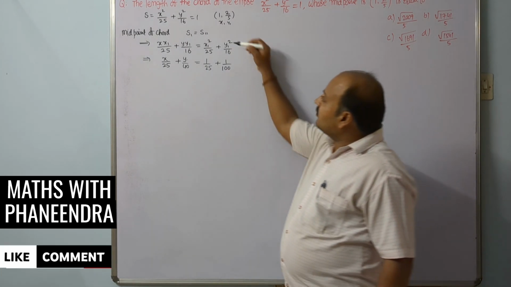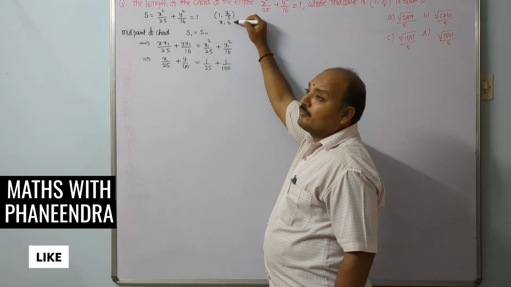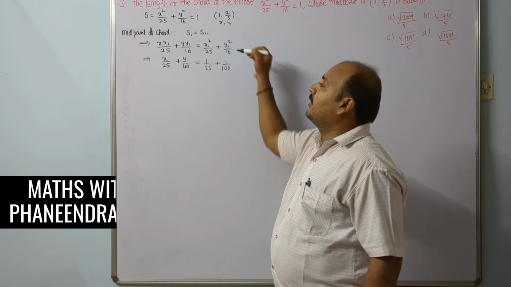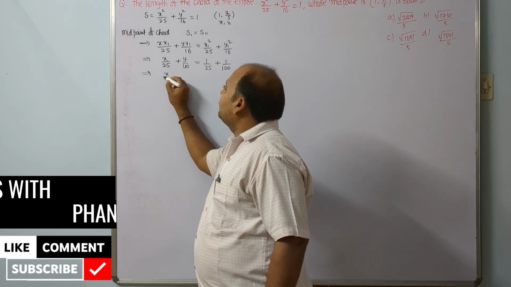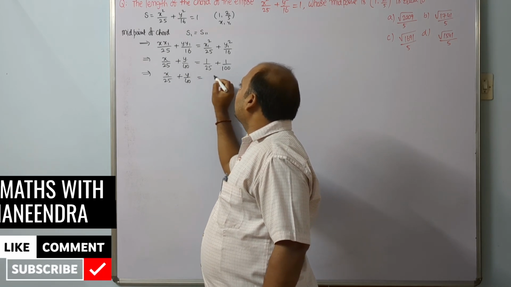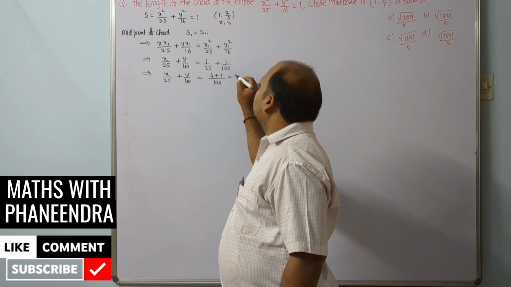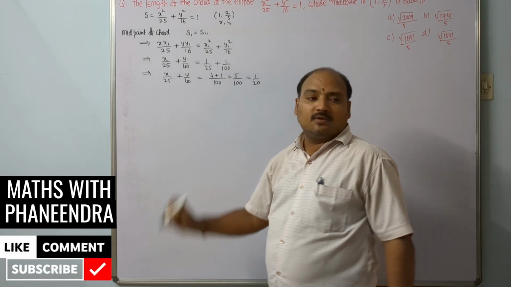Check, dear students: y1 square means 2 by 5 whole square, 2 square by 25, 2 square means 4. So which is equal to x by 25 plus y by 40 is equal to, 100 is the LCM, 25 fours plus 1, so 5 by 100, which is equal to 1 by 20.